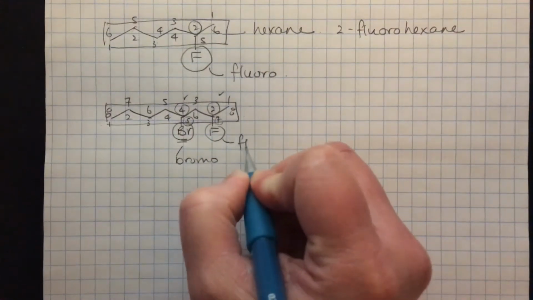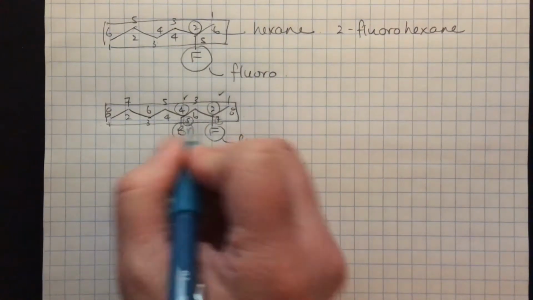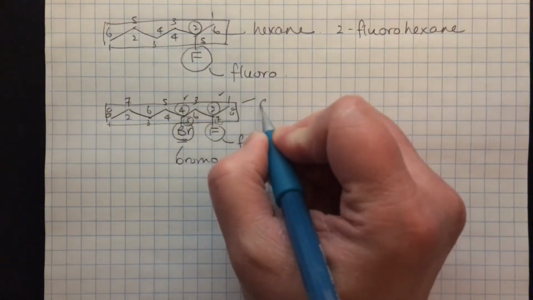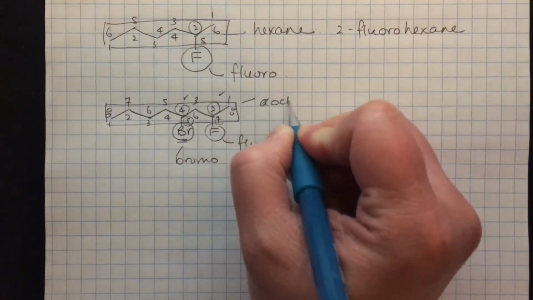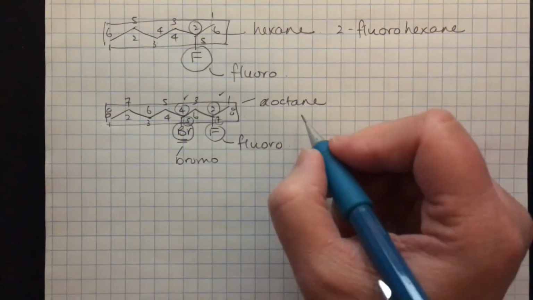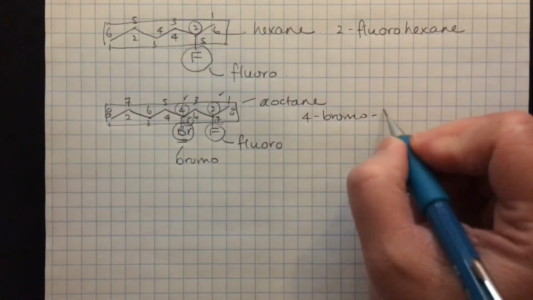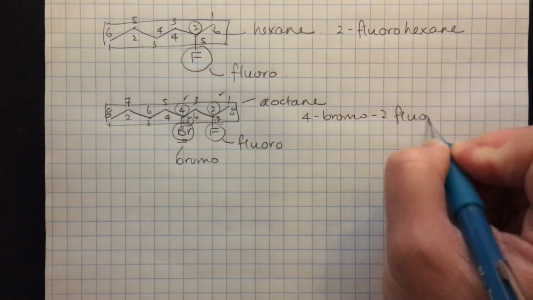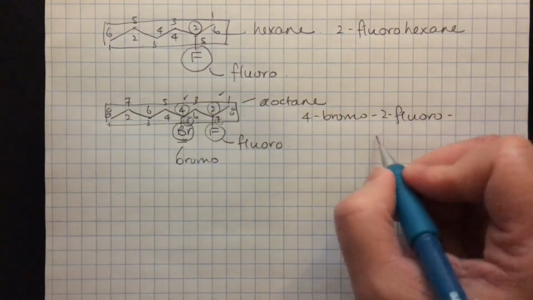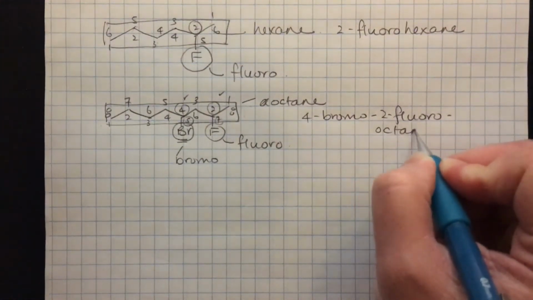Then we have our fluoro. And then over here, there's an 8 carbon chain. So this is going to be octane. So this is going to be 4-bromo-2-fluorooctane right there.